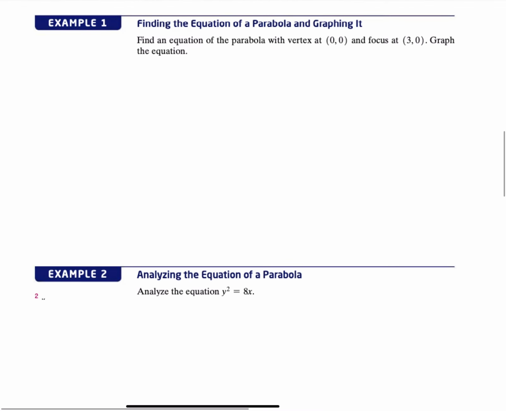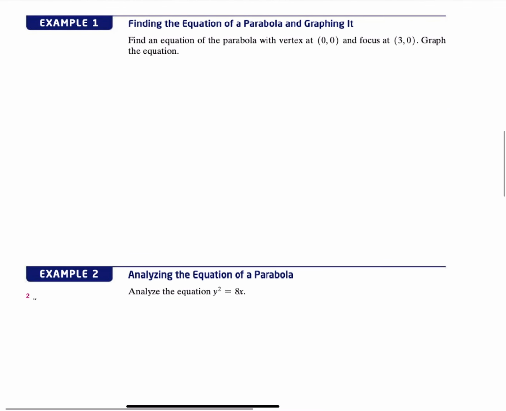So in the first example, it wants us to write an equation of a parabola with a given vertex and a focus point. They tell us that the vertex is at the origin and the focus point is 3, 0.